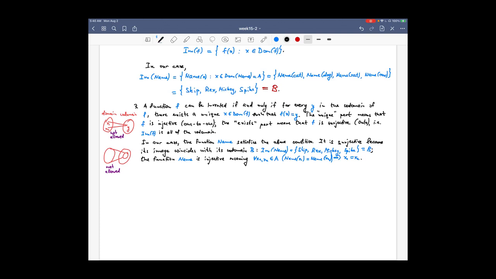So we have this implication. Simply put, different animals have different names. Or rather, even better, no two animals have the same name.